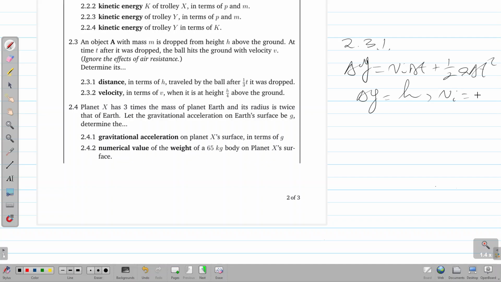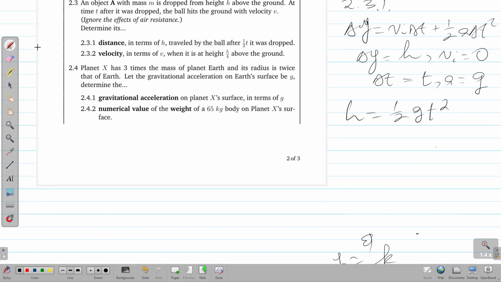Since it was dropped, the initial velocity is 0, the delta t from the problem is just t, and we'll let acceleration be the gravitational acceleration. So h is equal to, the first term being 0, half g t squared. So this equation means that h is directly proportional to the square of time.